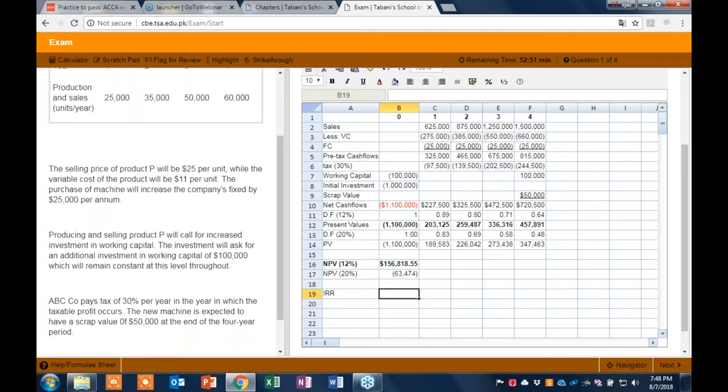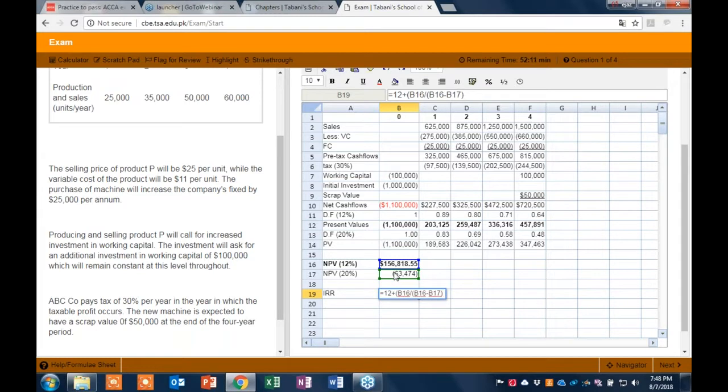Let's solve it using this spreadsheet. Equal to, first of all, we need the lower rate, and of the two rates, 12% and 20%, the lower rate is 12. So we should write 12 plus the positive NPV, which is 156, I'll just refer to the cell, divided by, and then open the bracket, the positive NPV minus the negative NPV.